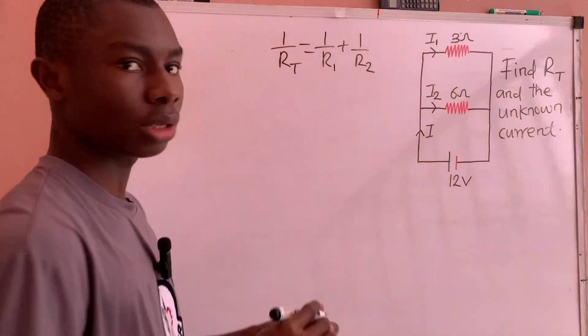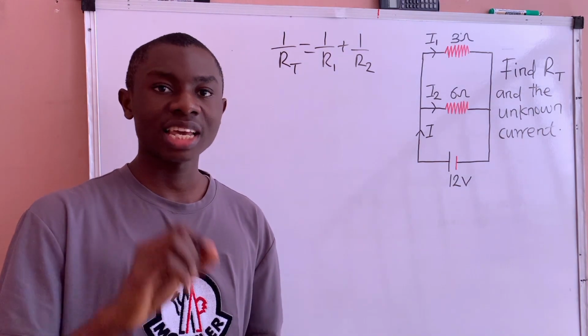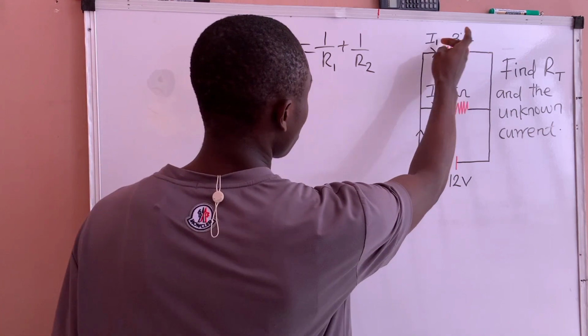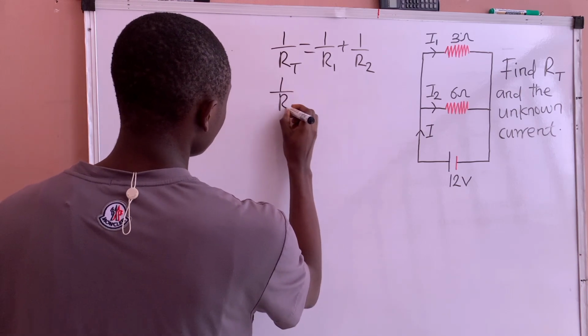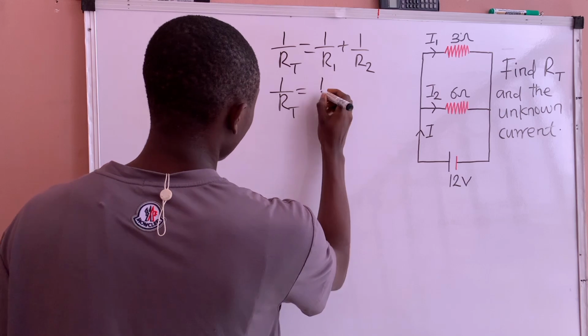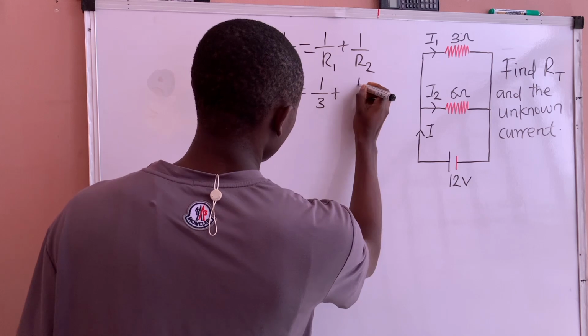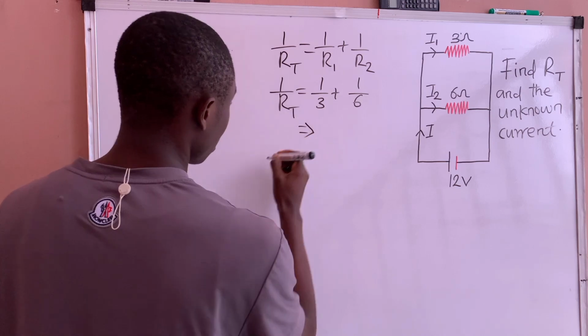This is the standard formula for calculating the total resistance in a parallel circuit. So at this point, we are given R1 as 3 ohms and R2 as 6 ohms, so 1 over R_T equals 1 over 3 plus 1 over 6. Let us solve the right hand side.